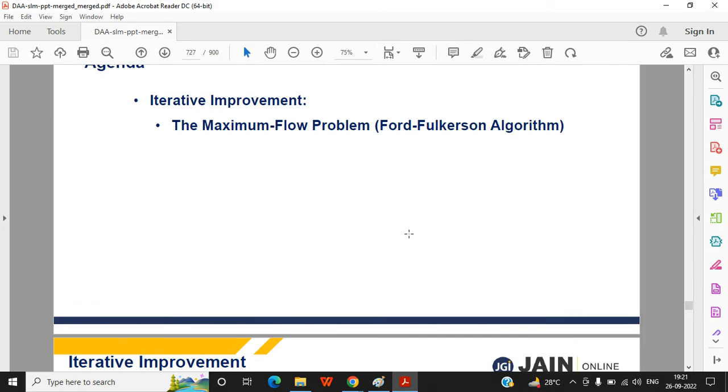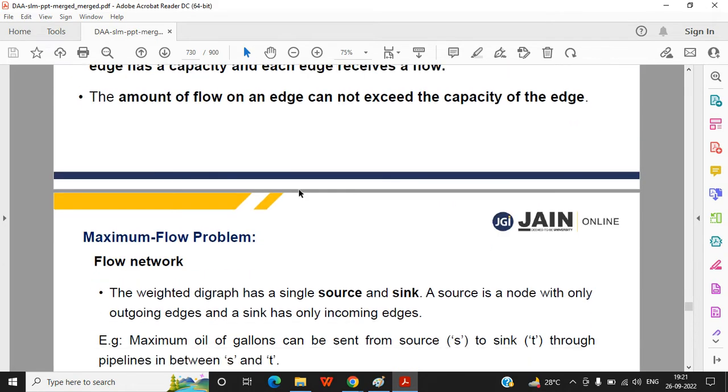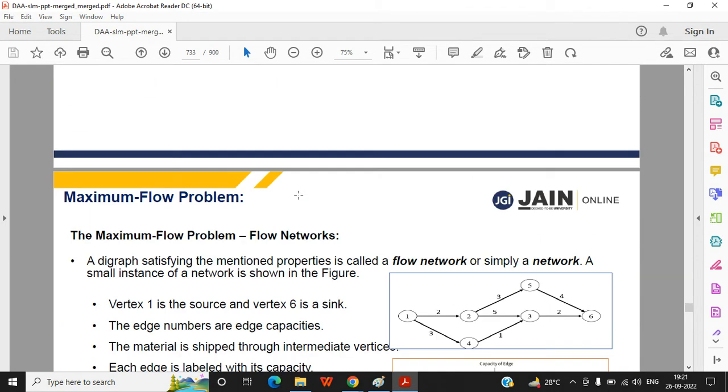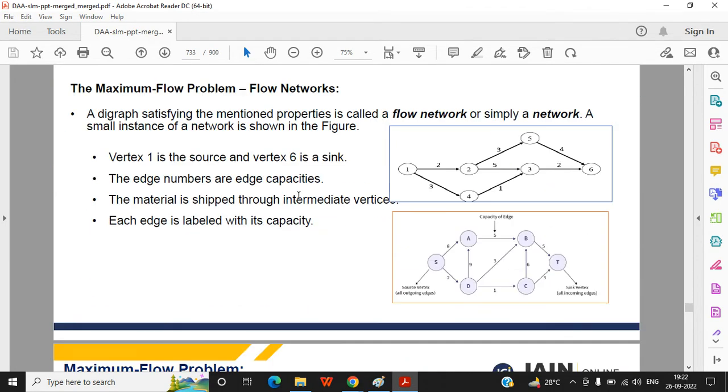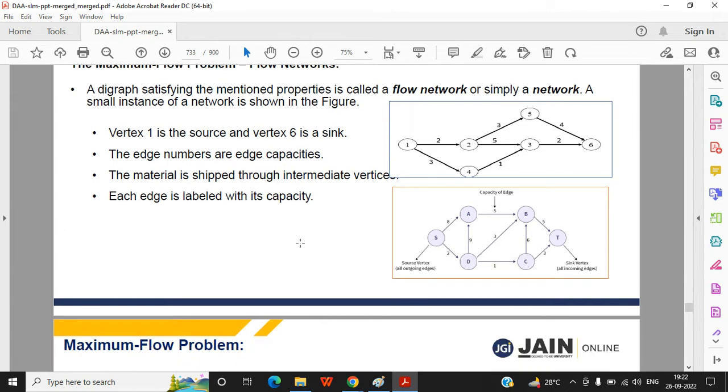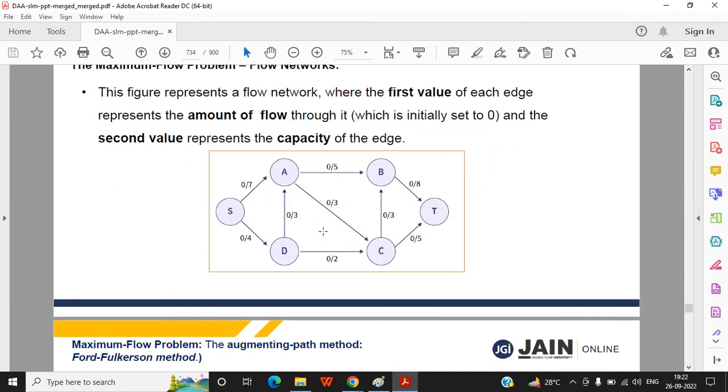Unit 9, see, Ford-Fulkerson algorithm. I hope there will be at least one graph. Yeah, these are the graphs, very small. We can take this one.